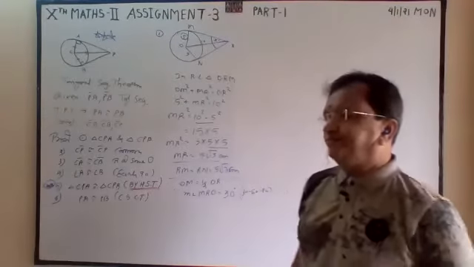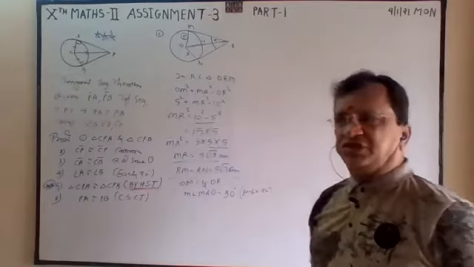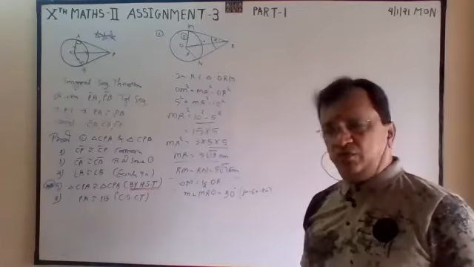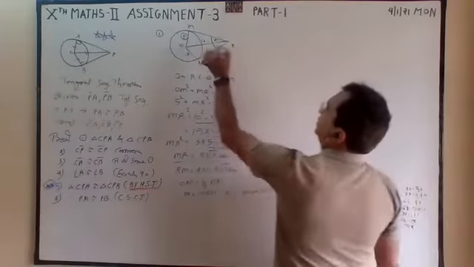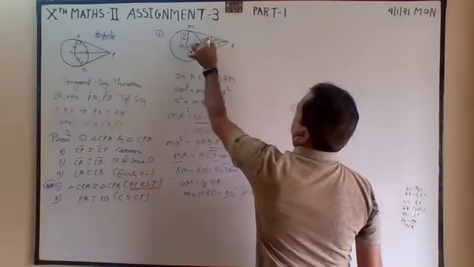Opposite to 30 degree, always it is half of the hypotenuse. Opposite to 60 degree, always it is root 3 by 2 of the hypotenuse. And this is 60, this is also 60, this is 30, this is 30, so this is 60.